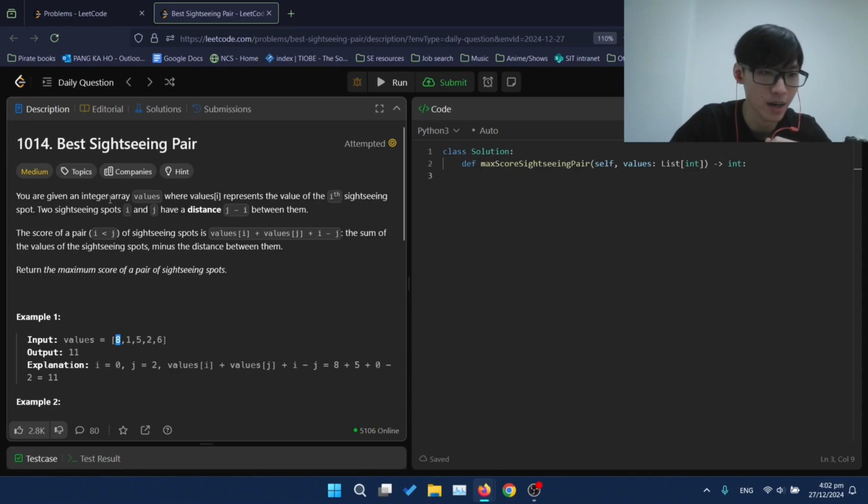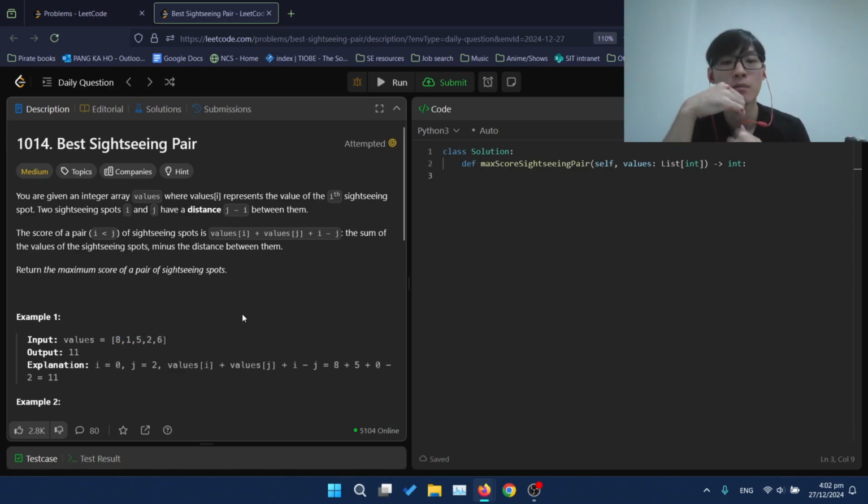In this case, what we want is the maximum score of a pair of sightseeing spots. A monotonic stack or queue comes to mind, but I do not know how to use them yet at the moment. So we'll see how it goes. I could be wrong, by the way. Could be way off.